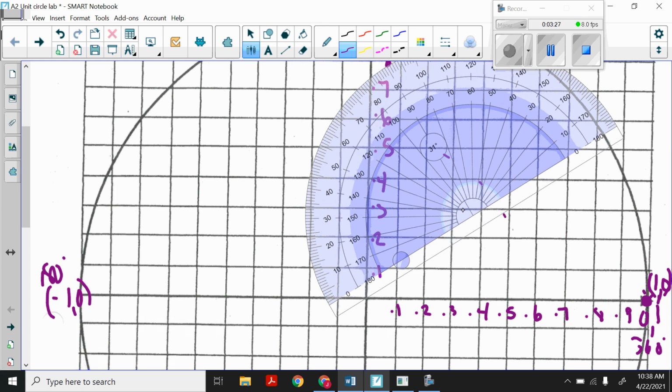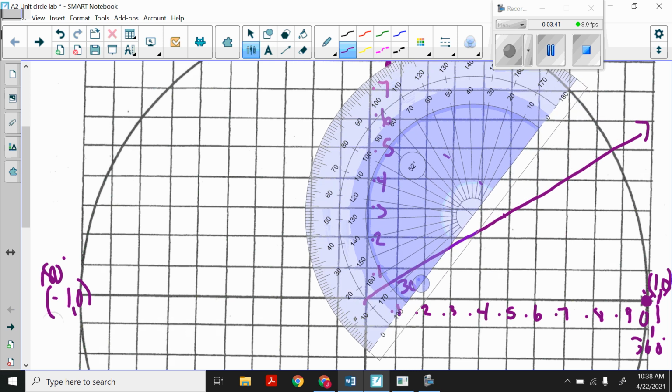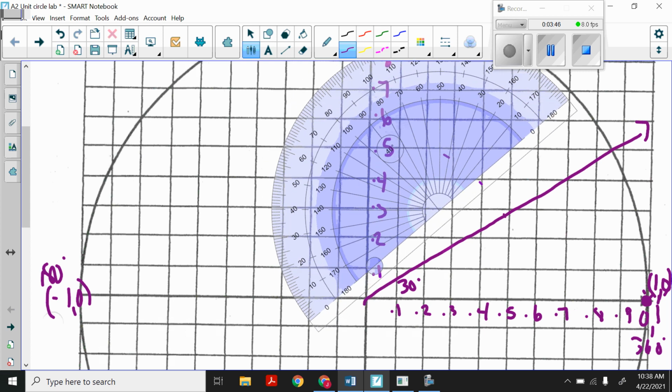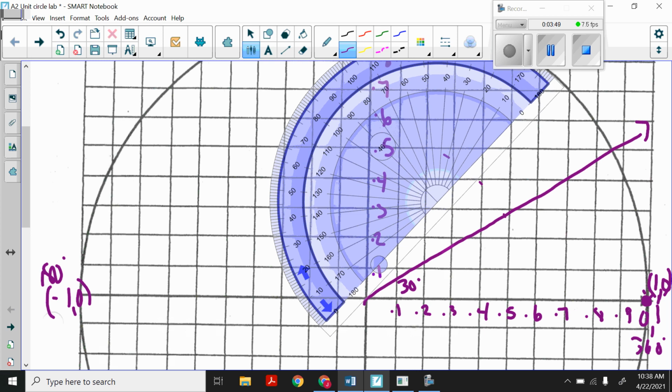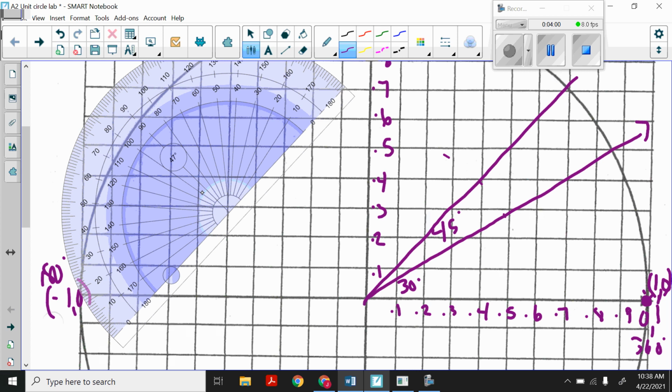So I'm going to draw this angle. This is my 30-degree angle. And then I would do the same thing with the 45. So lining this up with my 45-degree. And then your 60, you're going to do the same thing. So this would be our 45-degree angle, and so on and so forth. And so this is going to be P, P prime, and then your 60, you would do the same thing.